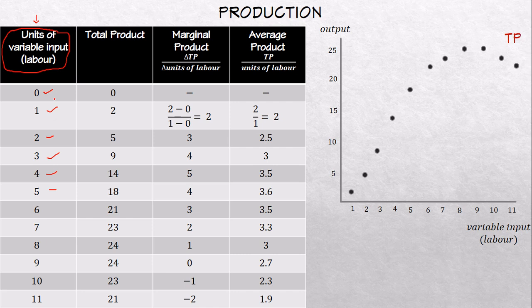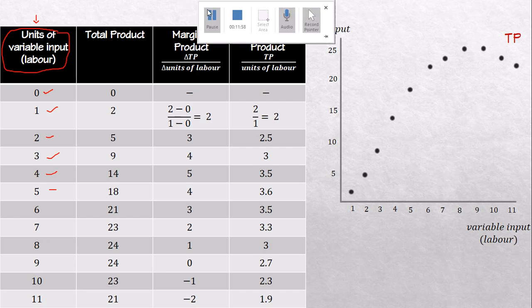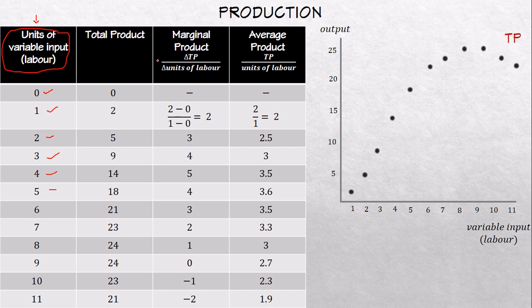Okay, so this is the number of farmers. And then we have the total product. Okay, so the total product over here means that if we had 0 farmers, of course, if there are no farmers over there, then the total output is going to be 0.